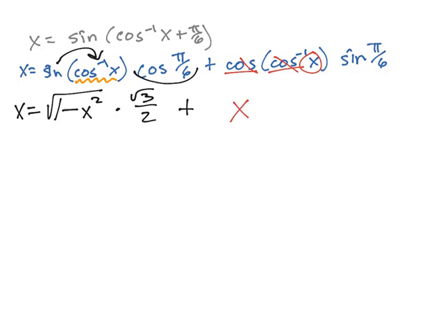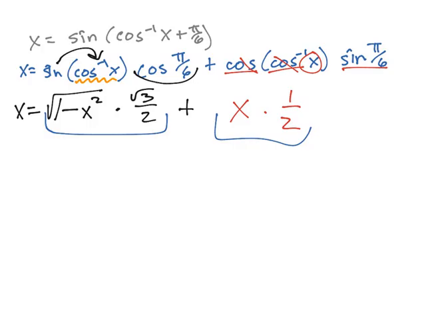I'm just left with x, and the sine of pi over 6 is 1/2. All right, now this is pretty ugly.